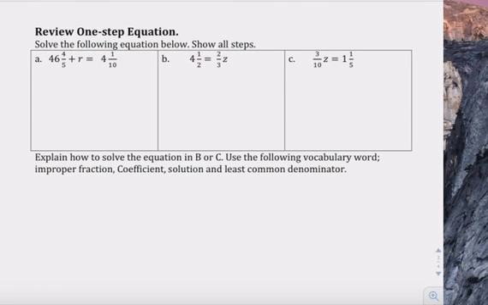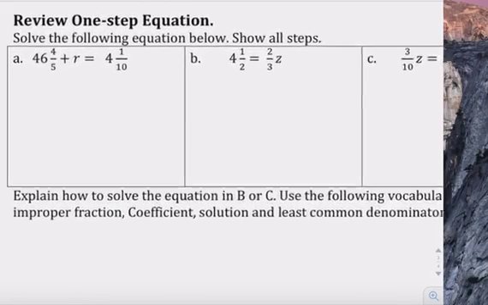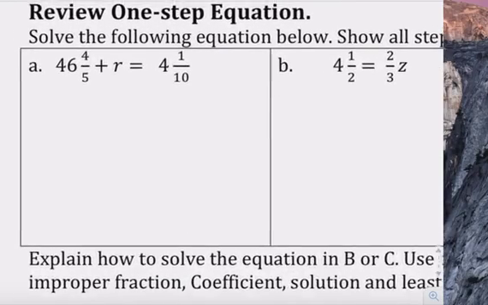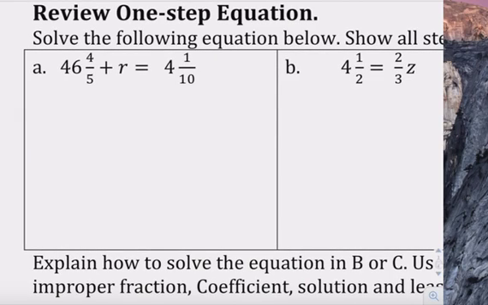All right. This is something I need to go over tomorrow. Again, in class, we do not make this improper. We make this equal to 0. So 46 and 4 over 5.